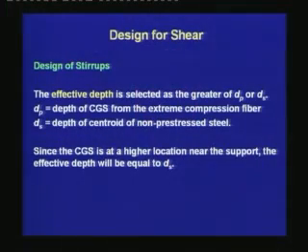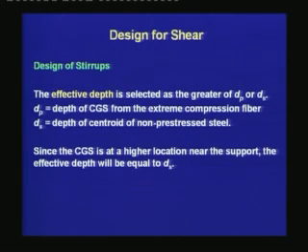The effective depth is selected as the greater of dP or ds, where dP is the depth of CGS from the extreme compression fiber and ds is the depth of centroid of non-prestressed steel. Since the CGS is at a higher location near the support, the effective depth will be equal to ds.